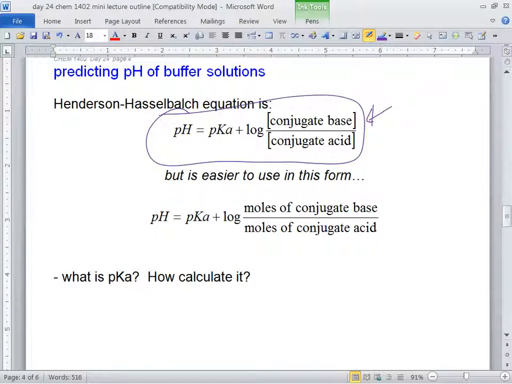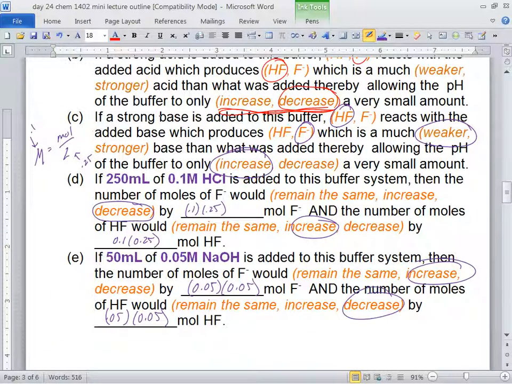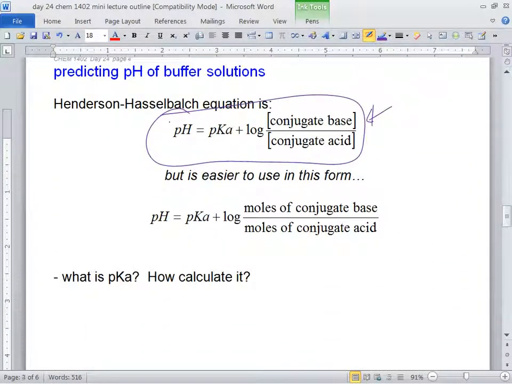But I don't like it because it's not set up to do what we just talked about. The moles of this increases, the moles of that one decreases. You recognize it? Here's our conjugate base. There's our F minus. Our conjugate acid, there's our HF. But it's in terms of brackets. And what were brackets again, Jose? What do those brackets mean? These things.